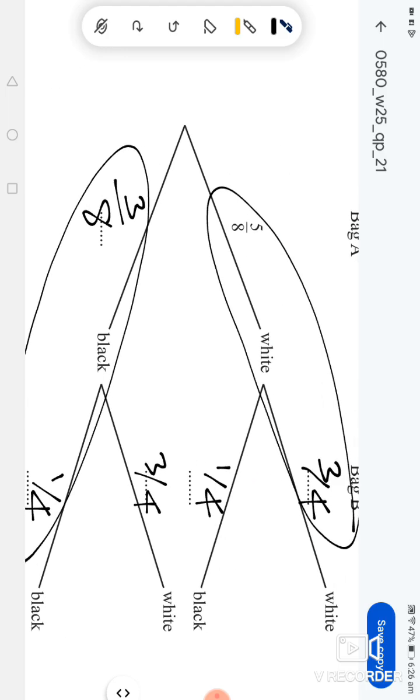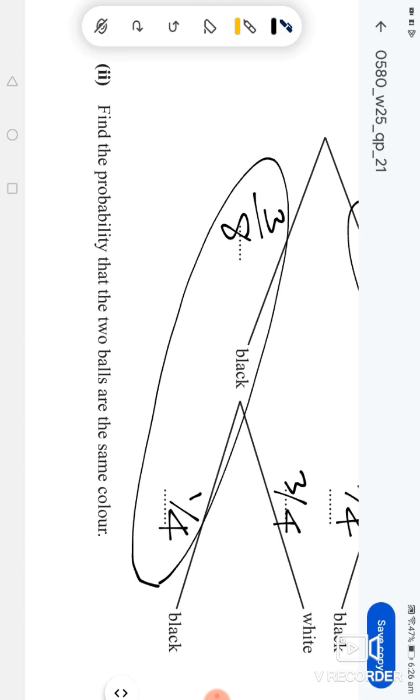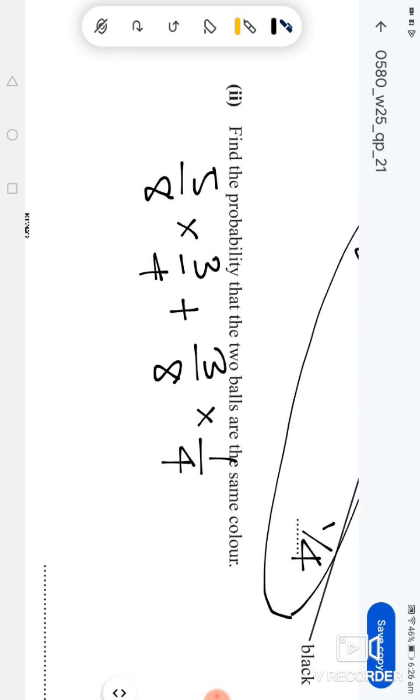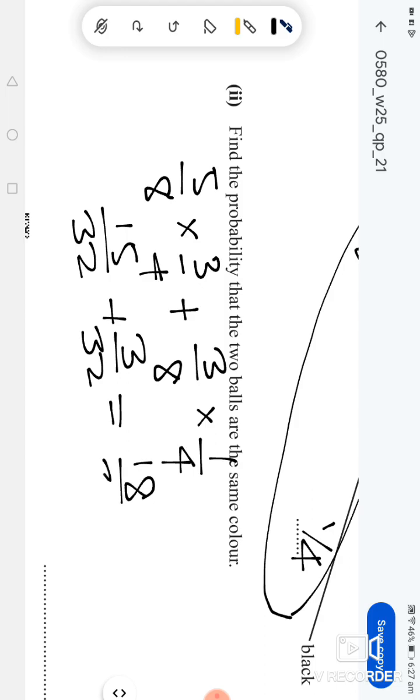So 5 by 8 multiply 3 by 4 plus 3 by 8 multiply 1 by 4. So 15 by 32 plus 3 by 32, 18 by 32.